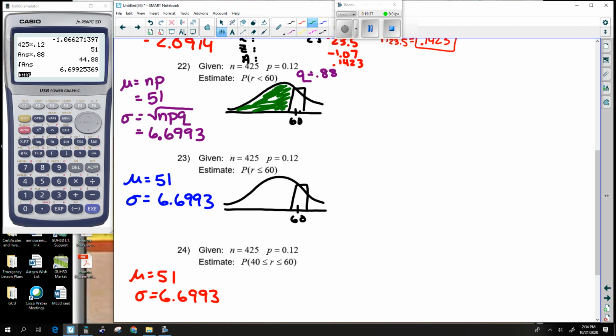In number 23, they want R to be less than 60, so it's the same thing. However, in this one, it is also or equal to, so that means it involves the bar. So up above, the edge exists right here, which would be at 59.5. And in this problem, its edge exists right there, which is at 60.5. So that is the difference.